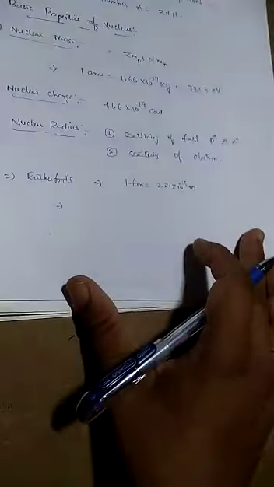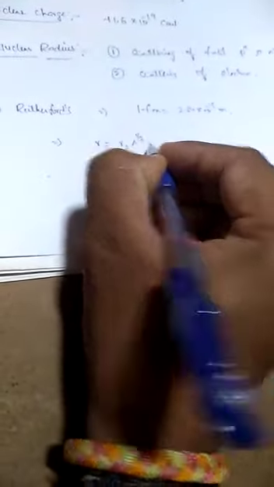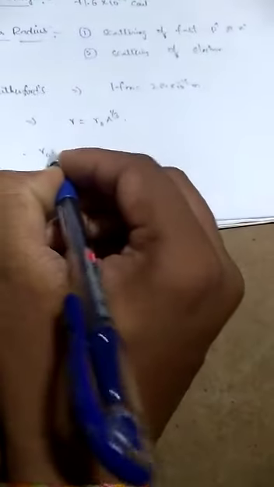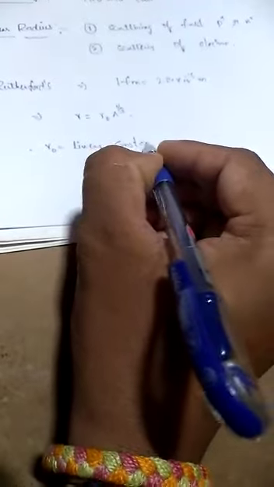So here Rutherford gives an empirical formula for the nuclear radius. The nuclear radius formula is R = R0 A^(1/3). Here R0 we call a linear constant.